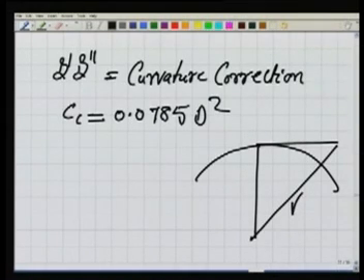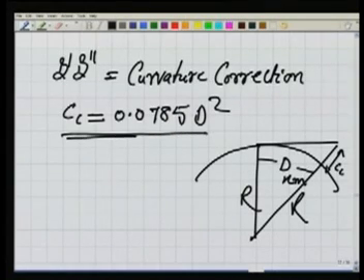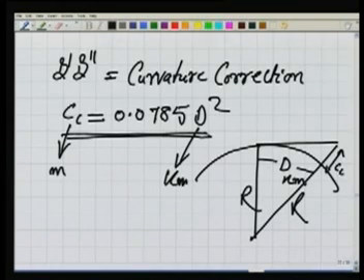If you know the radius of earth, for a distance d in kilometer, I can find this CC. So we can derive it. After derivation, it has been found that CC is 0.0785 d square, where CC is in meter and d is in kilometer.